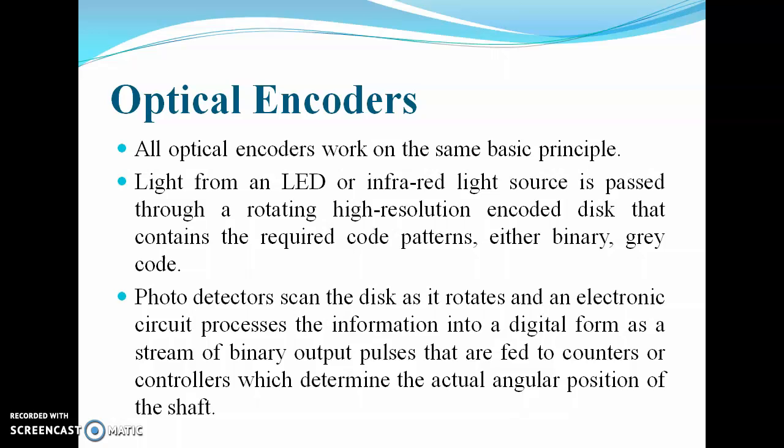Then photo detectors scan the disk as it rotates, and an electronic circuit passes the information into digital form as a stream of binary output pulses that are fed to the counters or controllers, which determine the actual angular position of the shaft. The working and construction we are going to see in our next slides.